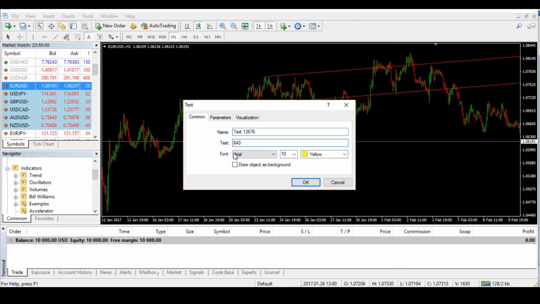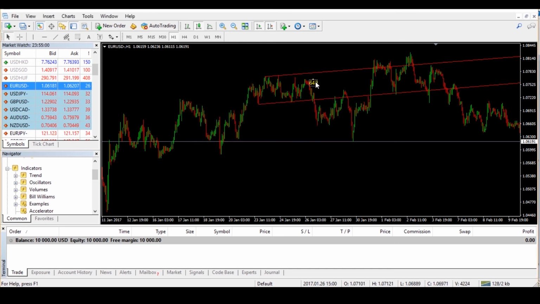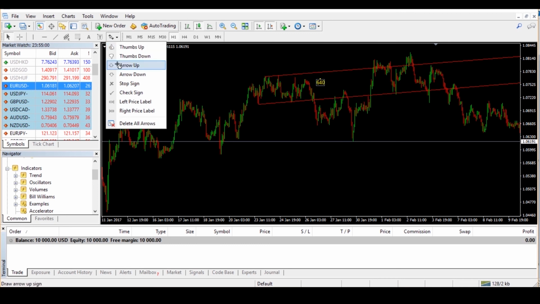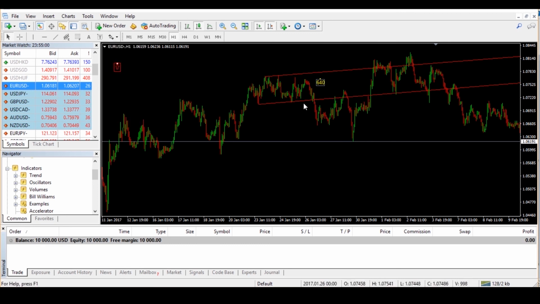Now, when you are making your label, you want to make sure that the color that you use for your text is yellow. It is very important that you actually use the colors that we are saying, because it makes it easier for the person marking your assignment. So 640, make sure that it is on the inside, and then just try and put it more or less where you actually measured from. So it is more or less from here.